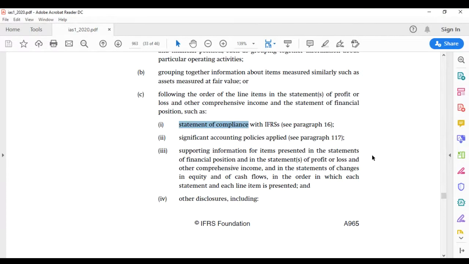Why I'm saying that: sometimes students write in their statement of compliance, the annual financial statements should be drawn up in compliance with international financial standards. You don't want to say should be. You're not telling the users how they must draw it up. You're not teaching them financial accounting. You are telling the users what you have done. So you're making a positive statement. You're saying the annual financial statements of my company have been drawn up in accordance with international financial reporting standards. Right. So that is our very first note.